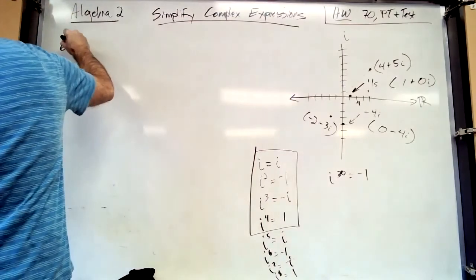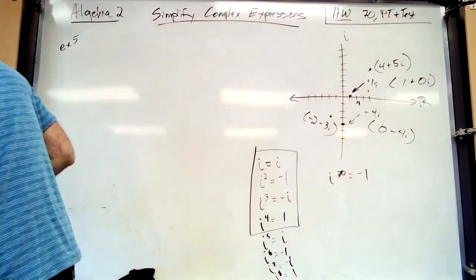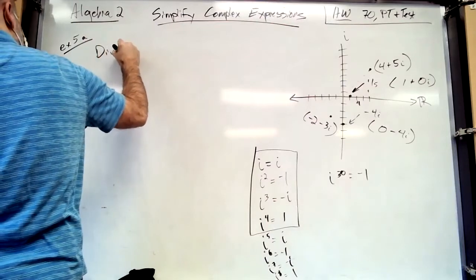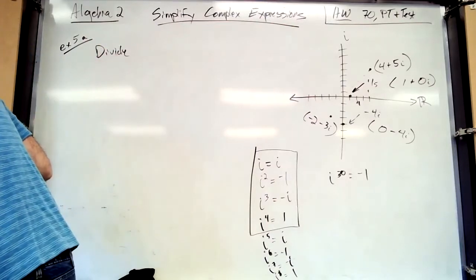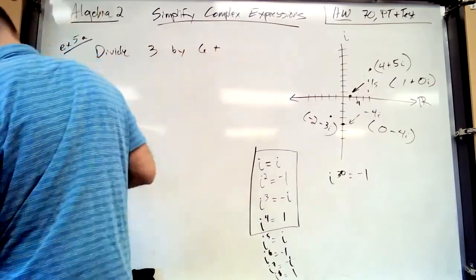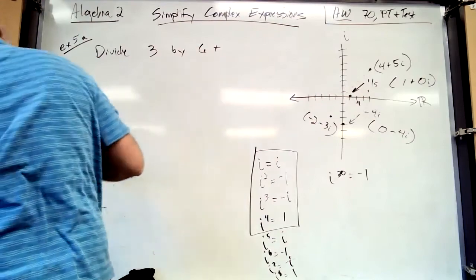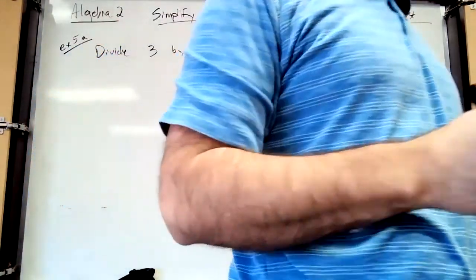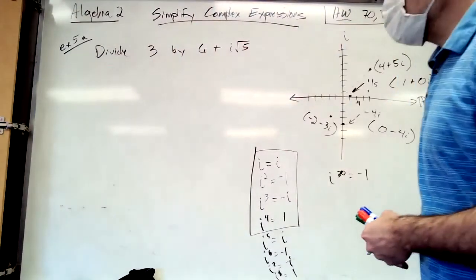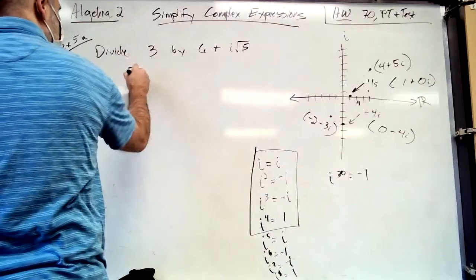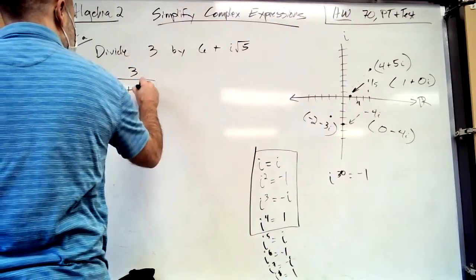This is example 5. I'm going to divide 3 by 6 plus i radical 5. Let's just see what happens when we do it. So that's just 3 over 6 plus i radical 5.